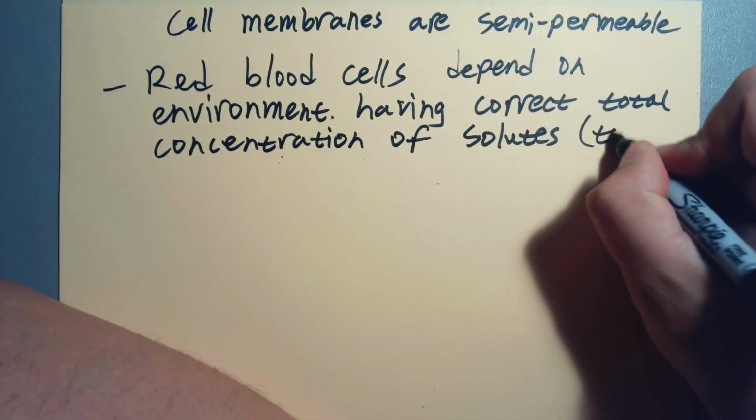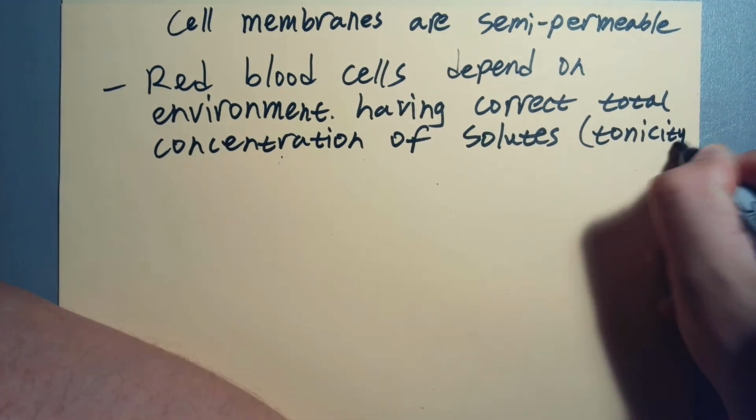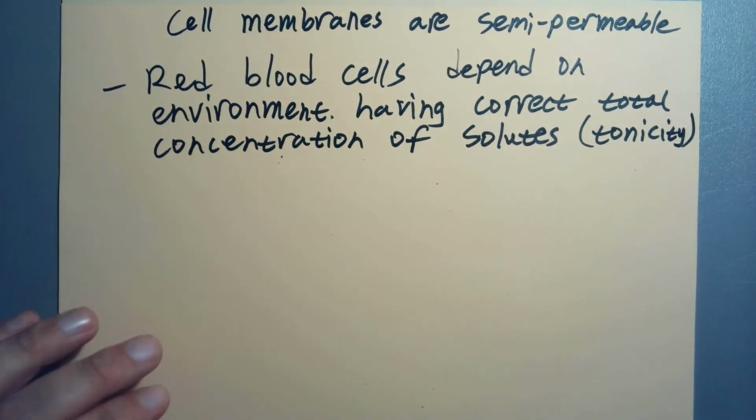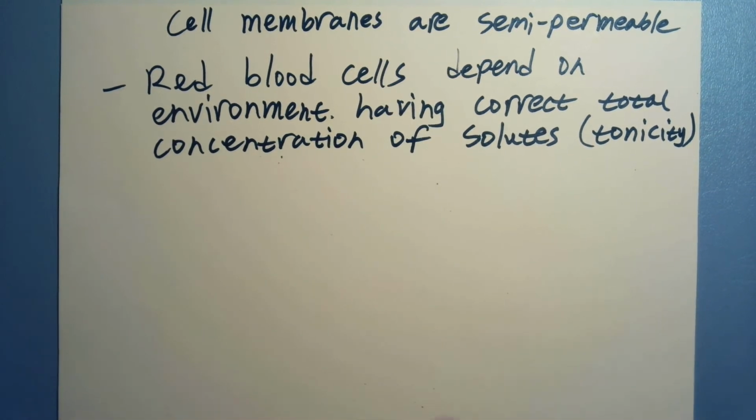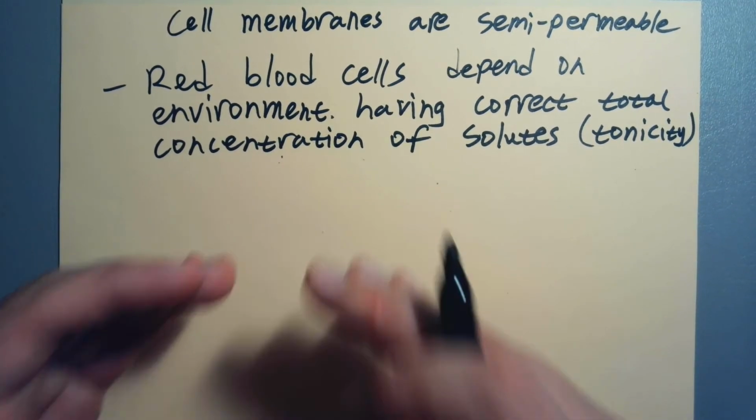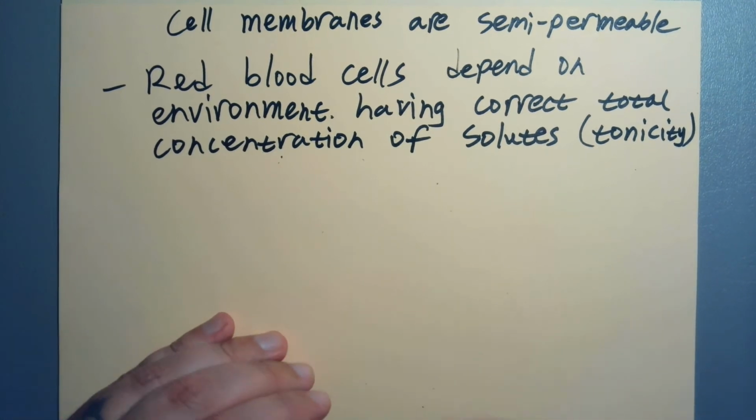And this is known as tonicity. So this is kind of Goldilocks and the three bears here. There's going to be something that's bad, something that's good, something that's bad for a different reason.